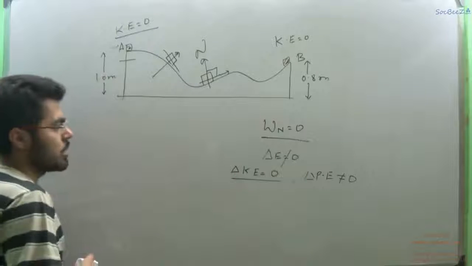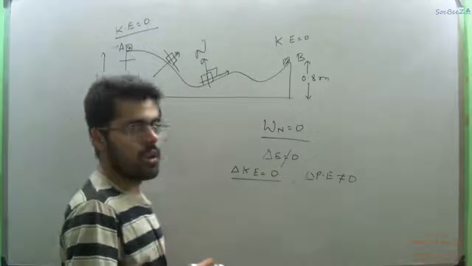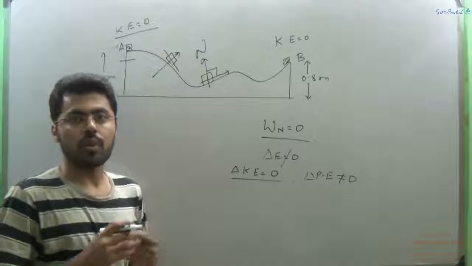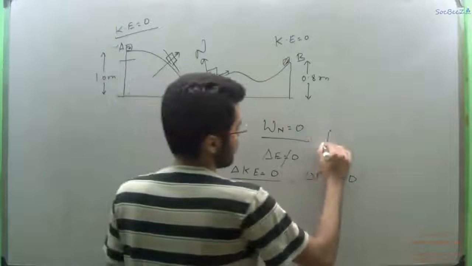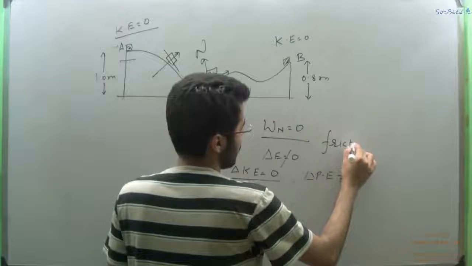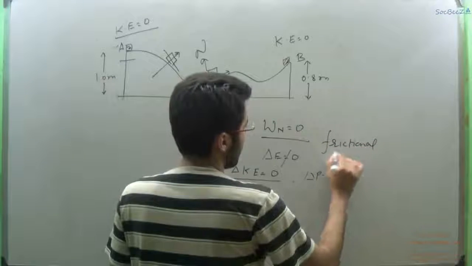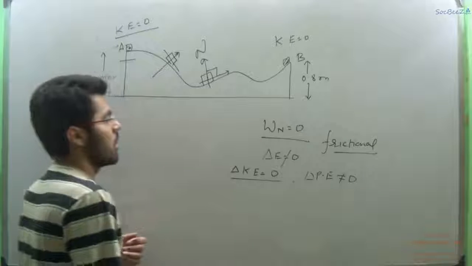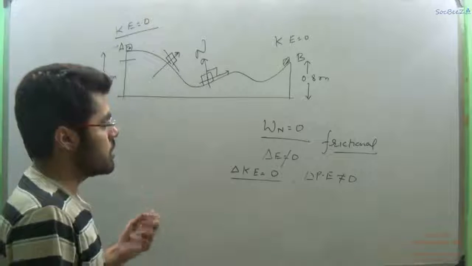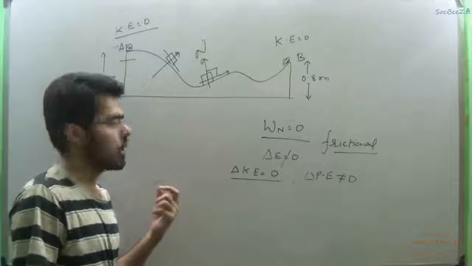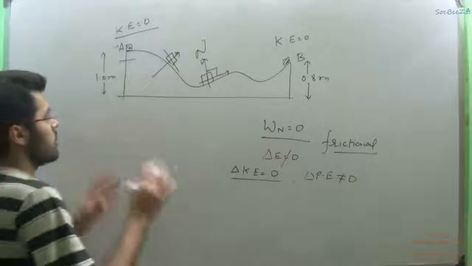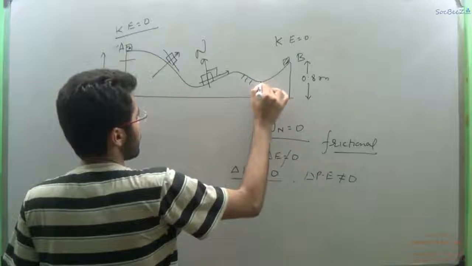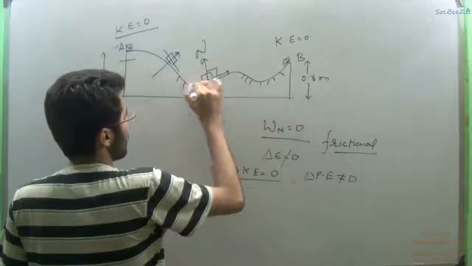So in that case, there must be some work done. There must be some kind of external force. So what force can it be? The only option left is that it can be frictional force. So frictional force is playing some trick here. So one thing is clear, that this surface cannot be smooth. It's a rough surface and it's not horizontal or vertical.